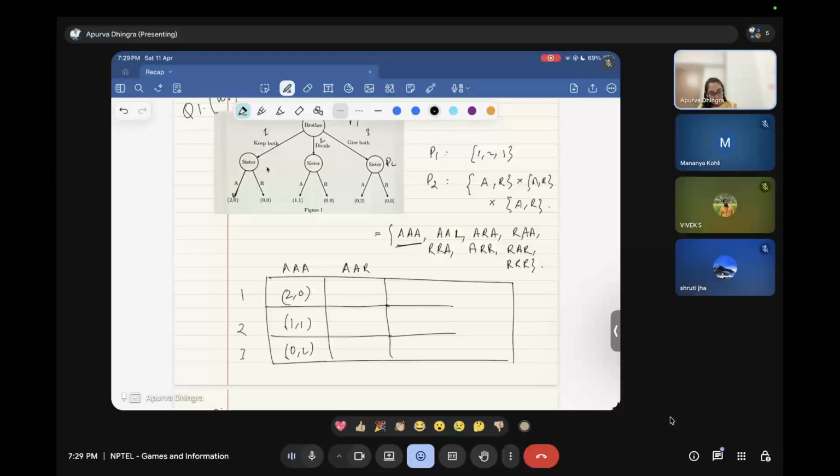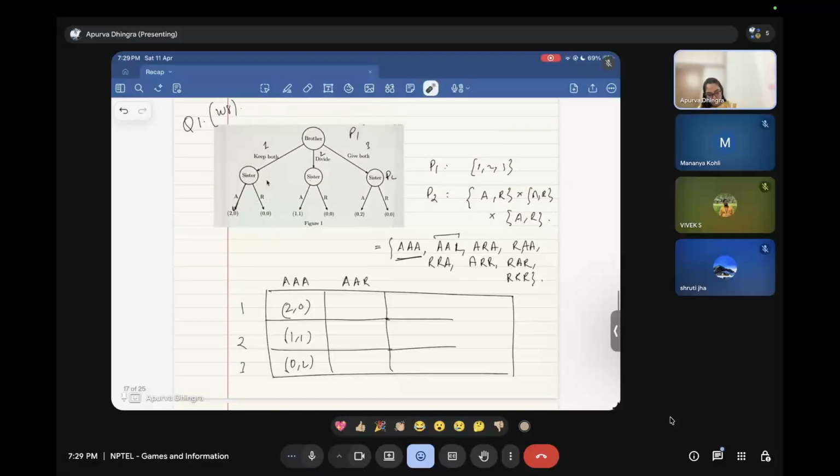Okay, if you were to go to some other strategy, for example AAR, this is saying here player 1 plays A and player 2 plays A. Here again same thing. Here instead of playing A, R is played.